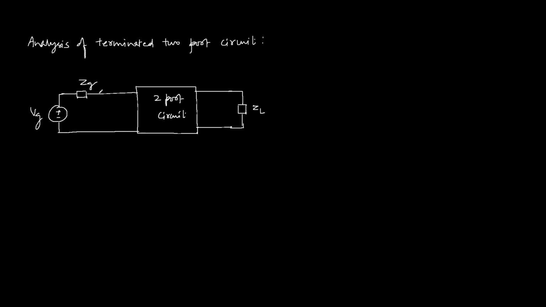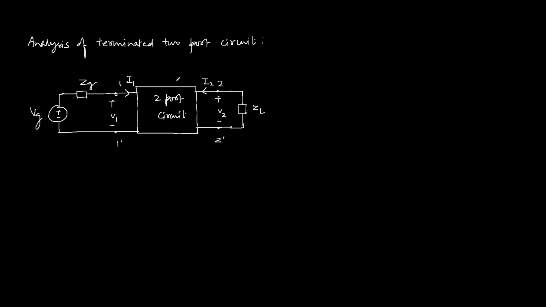External voltage Vg with series impedance Zg. This is 1, 1 dash, 2 and 2 dash. Voltage at port 1 is V1, current at port 1 is I1. Voltage at port 2 is V2, current at port 2 is I2.